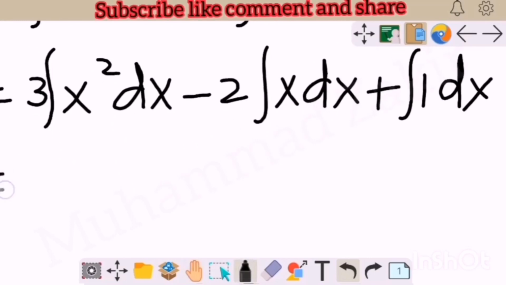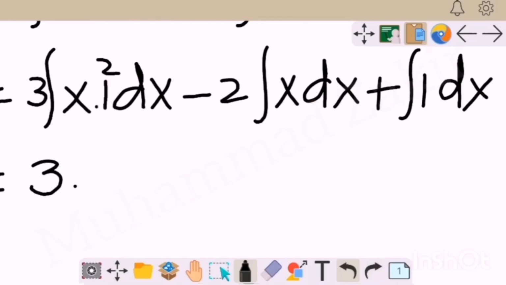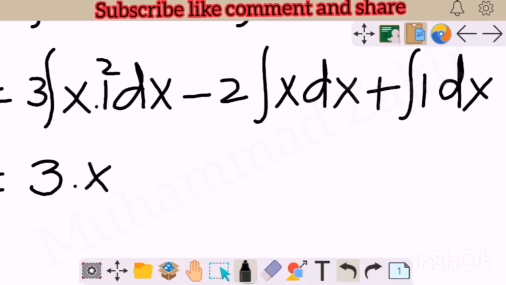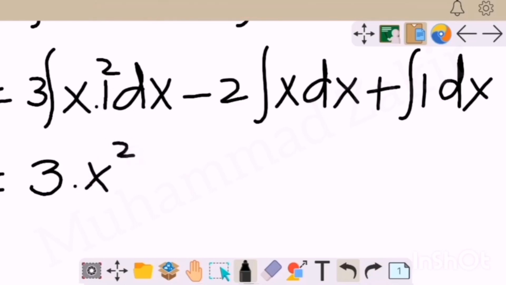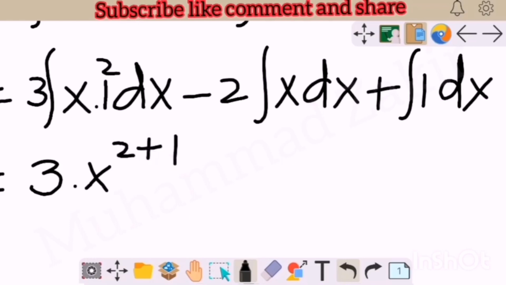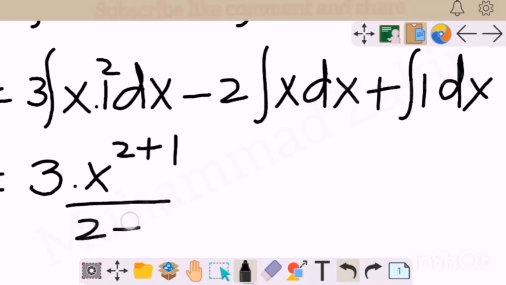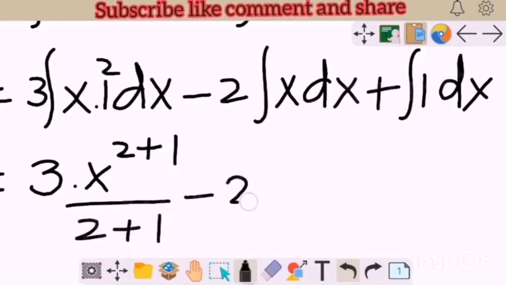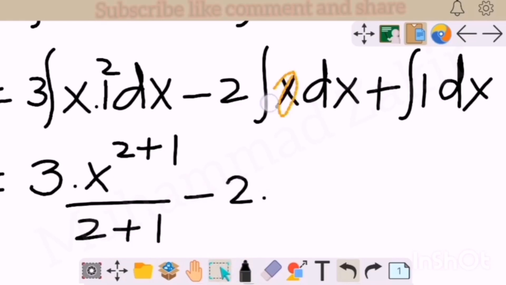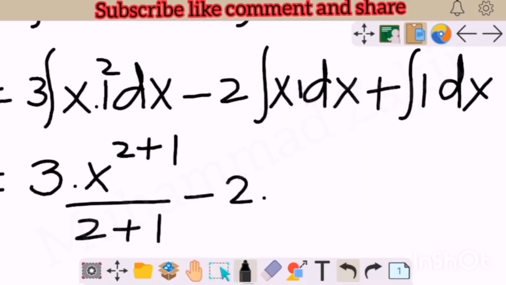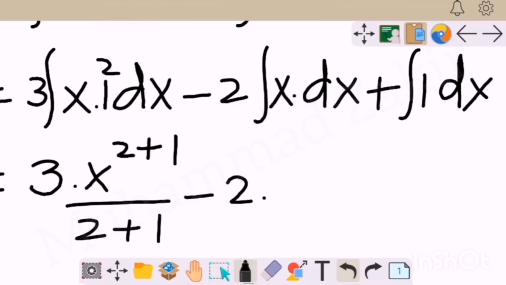Then we calculate integration. The derivative of x is 1. We can consider it is along with it and in product with it. So then we add 1 to the power of x and divide by that value. This becomes the integration. Same is the case here. The derivative of x we consider is 1 here, which can be seen in product with x.